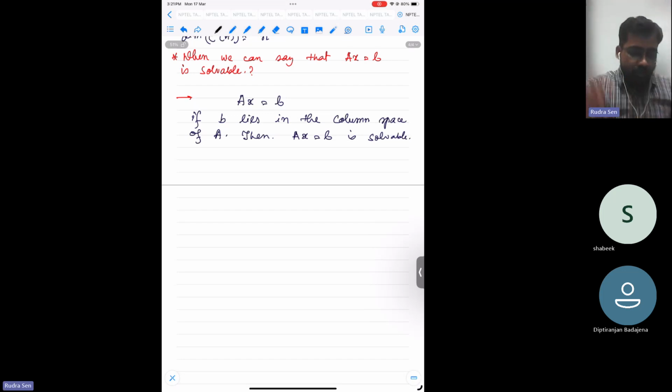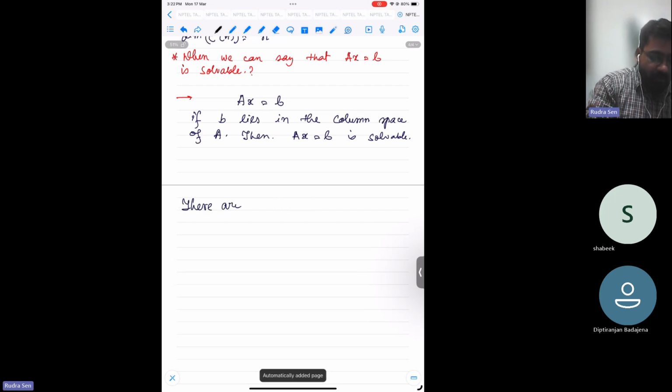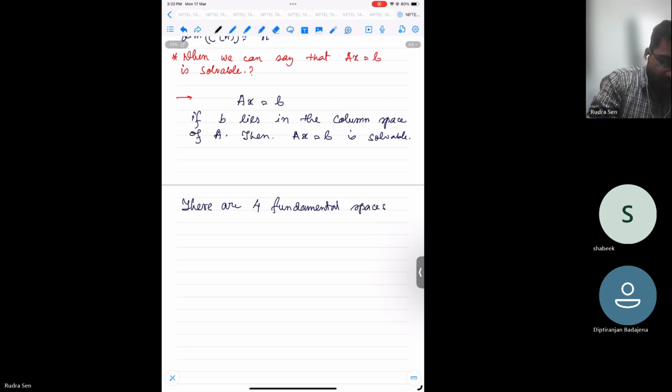We know there are four fundamental spaces. What are those? The first one is the null space. The second one is the column space.